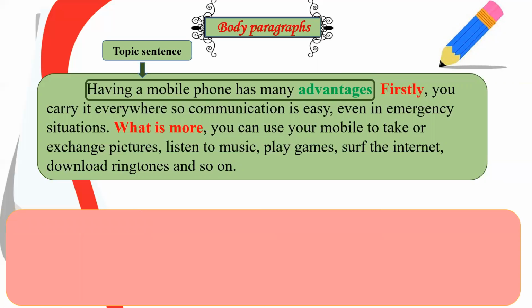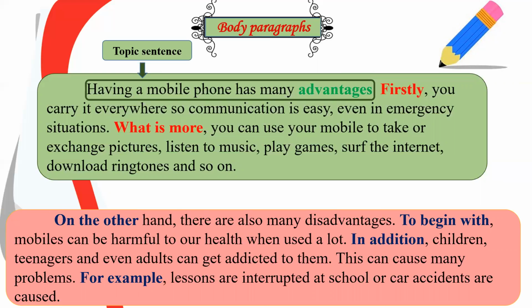Now, body paragraph number 2. On the other hand, you see here, we're using this linking word, transitional word, to express contrasts, because we are going to talk about the disadvantages.